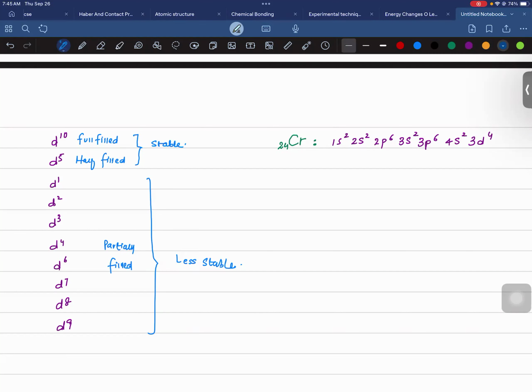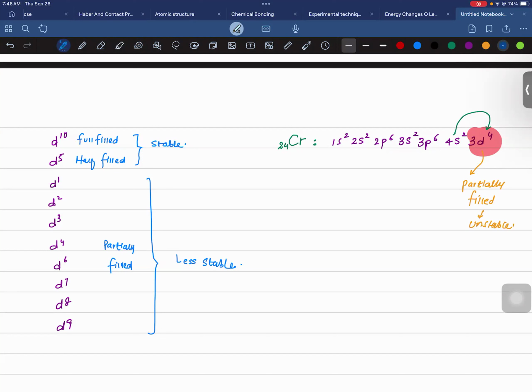As you know that this is 3d4, this d orbital is partially filled, which is unstable. So to make it stable, this 4s orbital is going to give one electron to this 3d4 orbital.